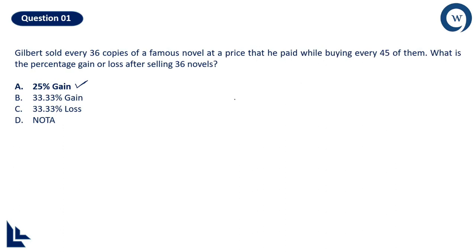How will you identify that? Something like this. See, he sold 36 copies of the novel at a price that he paid while buying every 45 of them. So, how much ever amount he invested while buying 45 items, he has got that after selling only 36 copies.